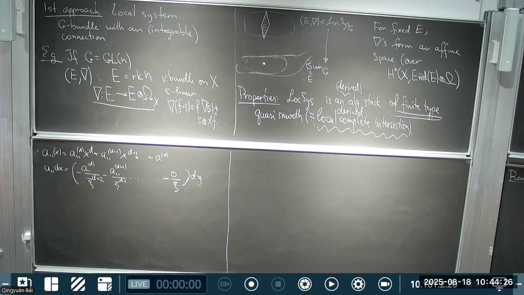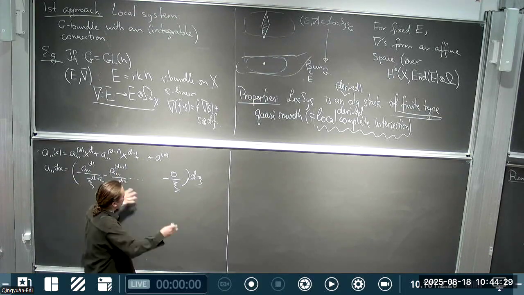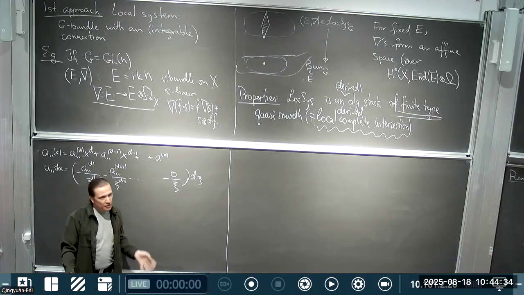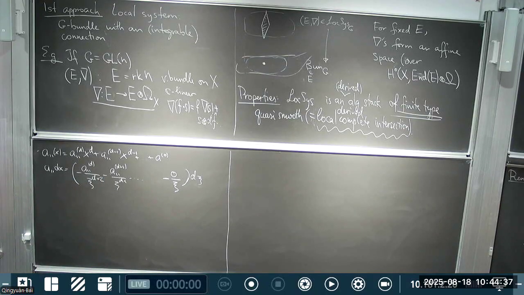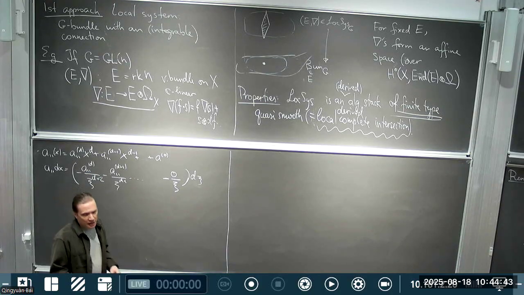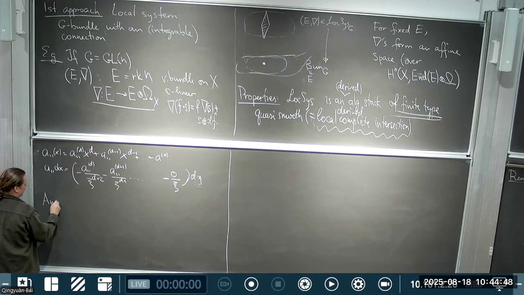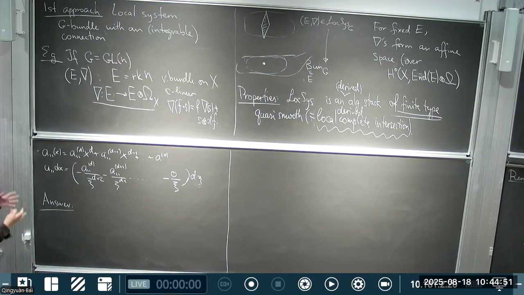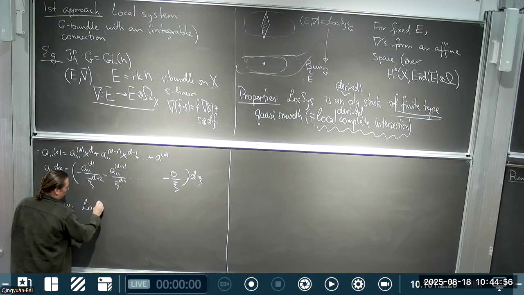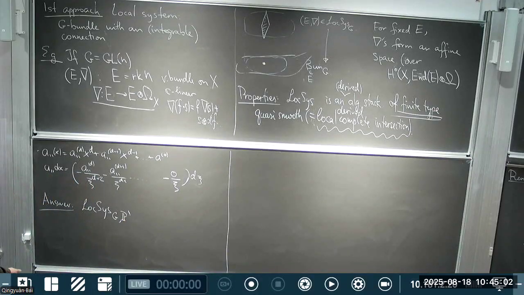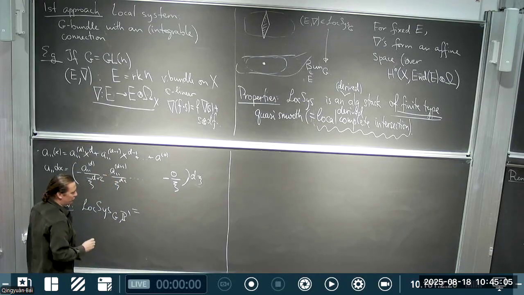So I have a set of equations that cuts out my space of connections, but some of these equations are redundant. Some of them are of the form 0 equals 0, and that's exactly how derived structure appears. The answer that I'm trying to justify by this informal calculation is the stack of G local systems on P1, where in my case G is GL2, but the argument is actually general.